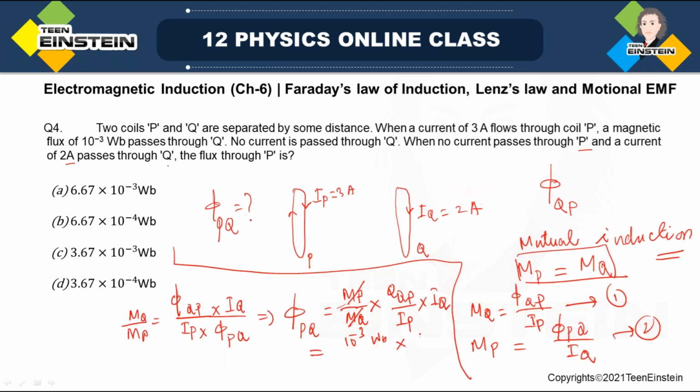IQ is given as 2, IP is given as 3, so 2 by 3 into 10 to the power minus 3 Weber, that means 6.67 into 10 to the power minus 4 Weber.